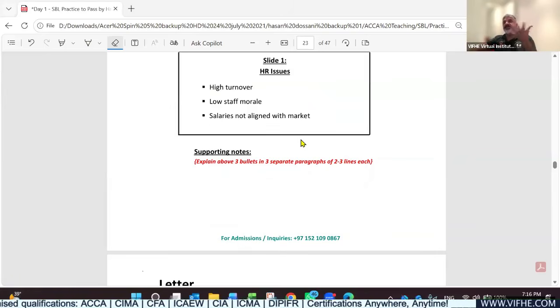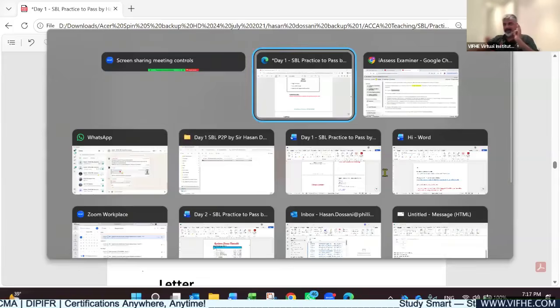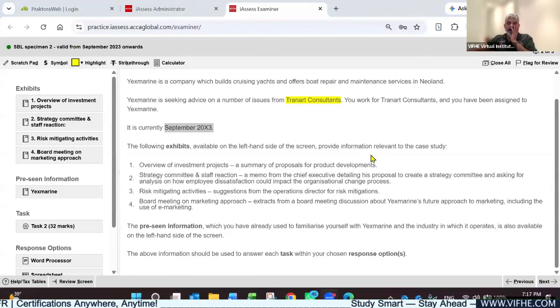Now, let me show you on the CBE platform. The CBE platform is exactly the same. If I go back to my CBE platform, my first question is, when do we use a presentation slide?